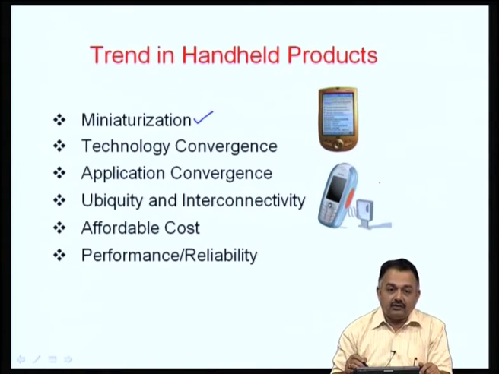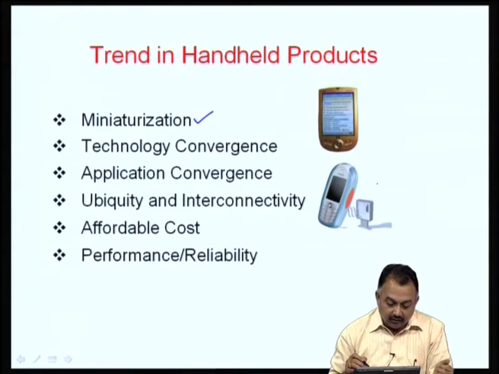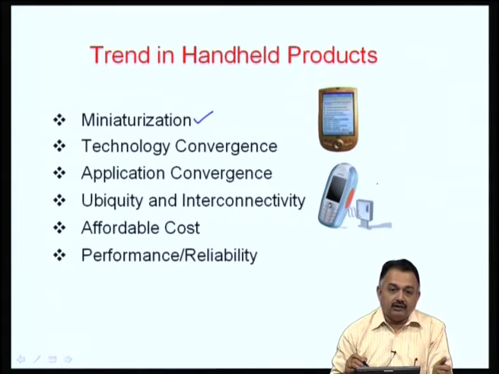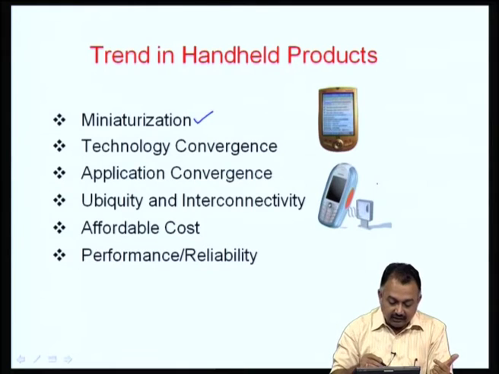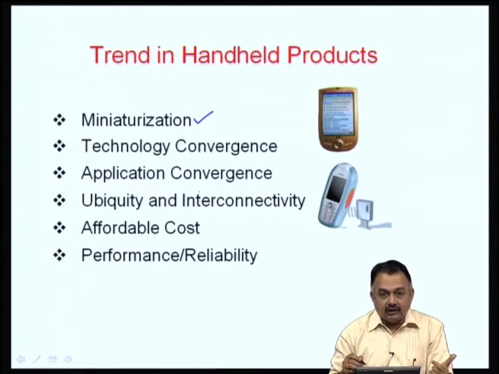So, a lot of thinking has to go into the electrical design aspects of this particular miniaturization concept. Technology convergence: global technologies are available, so anything that works in India should work in US or in Europe. Application convergence, especially internet, for example if you are going to use a mobile phone with internet facility, Wi-Fi, Bluetooth.